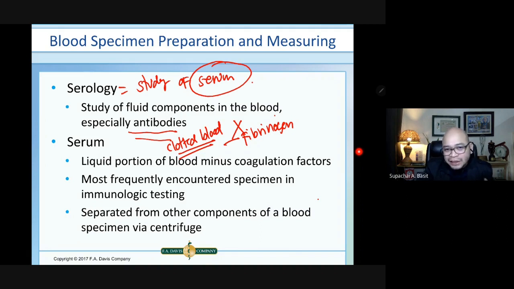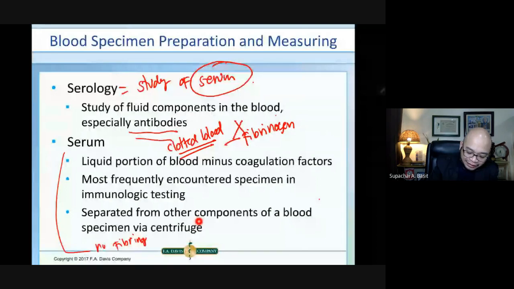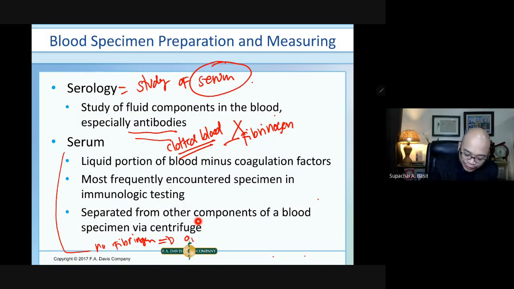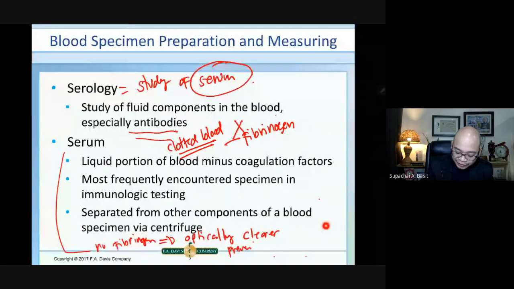And why is serum preferred over plasma? Serum is preferred over plasma because it has no fibrin clot, no fibrinogen. And since it has no fibrinogen, it is optically clearer than plasma, and so we prevent interference.